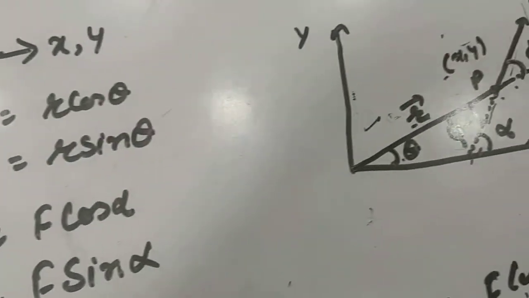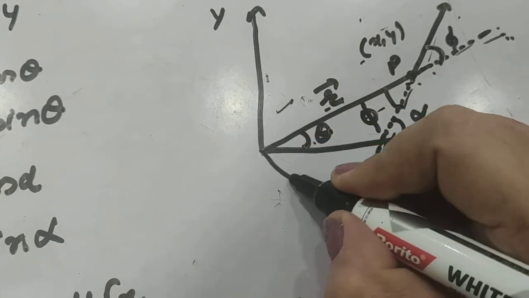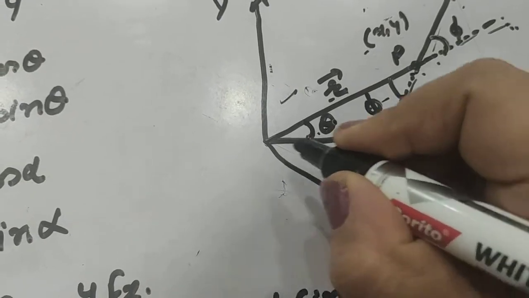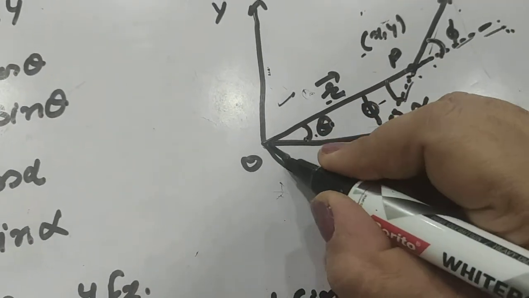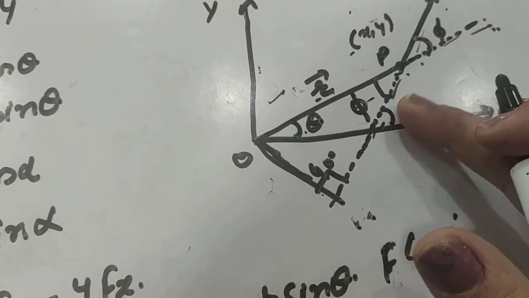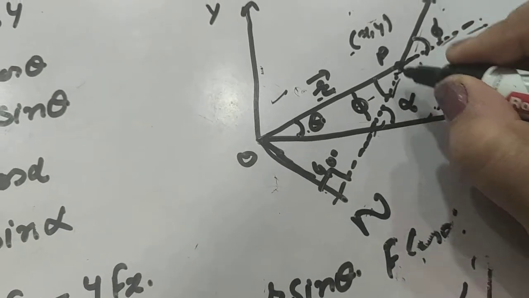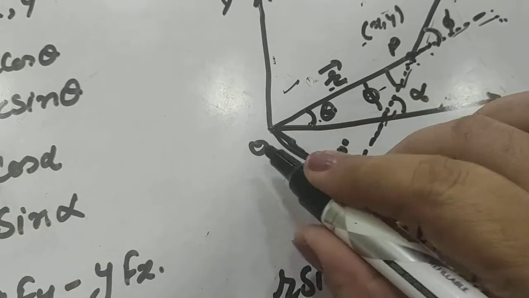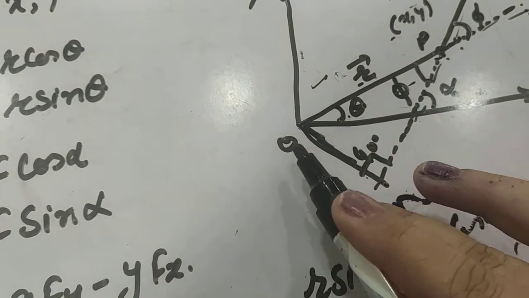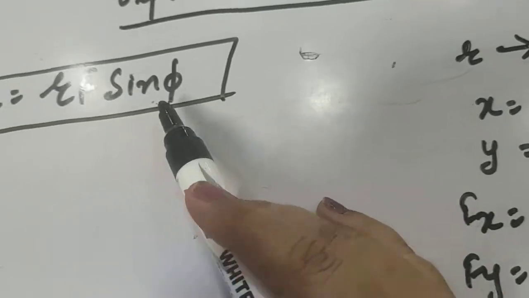Now if we draw a perpendicular ON to the line of action of force, with this angle theta and this point O, then ON is perpendicular to the line of action. So PN is the base, ON is the perpendicular and OP is the hypotenuse.